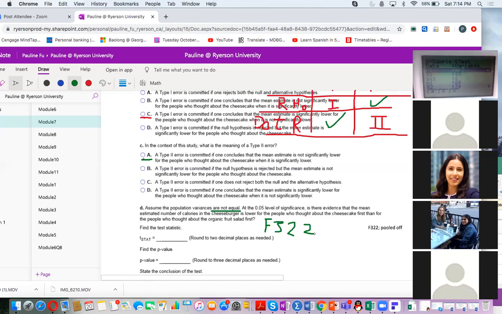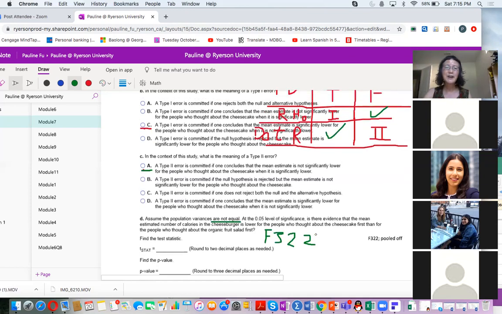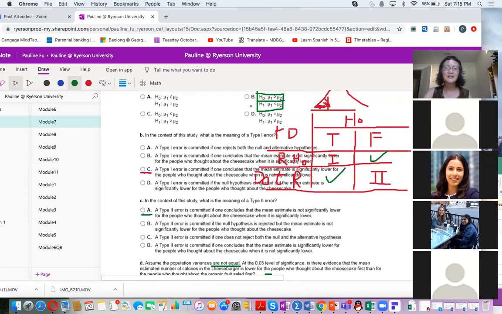Take the H1 perspective. So you have to go back, where is my H1? See, this is your H1. So on your calculator, you have to select smaller.